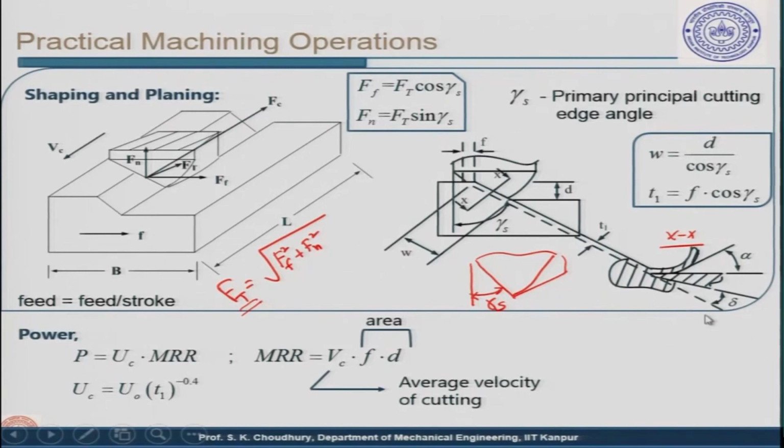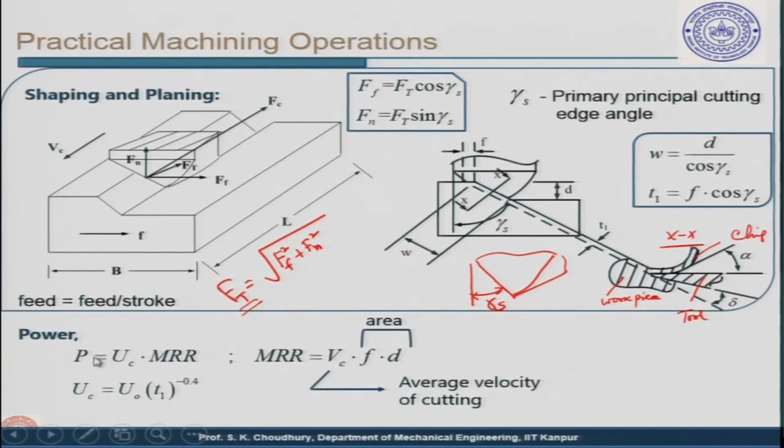Here also you can see the chip flowing, and this is the workpiece and this is the tool. This is given in the sectional view because it is the XX cross-sectional view.